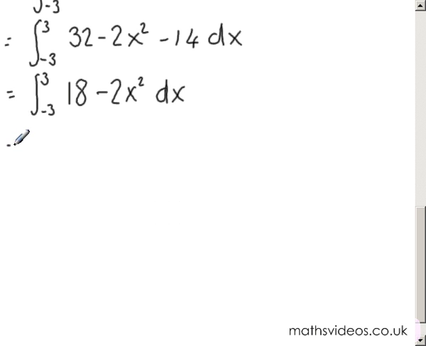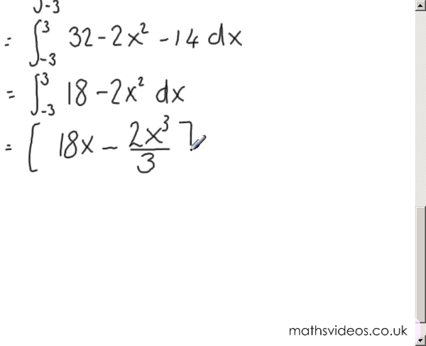First of all, when we integrate 18, that just becomes 18x. Then for 2x squared, we need to add 1 to the power, which makes it x cubed, and then divide by the new power.